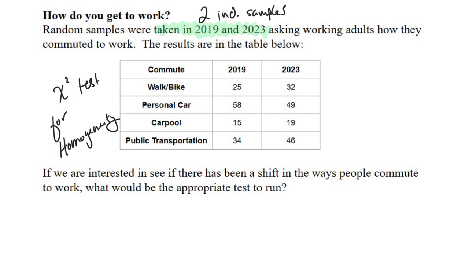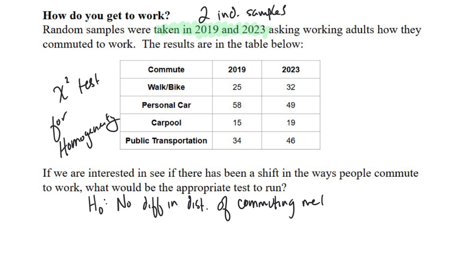Now, let's put our null together with some context. The null would be there's no difference in the distribution of commuting methods between the 2 years. And again, just based on our sample.